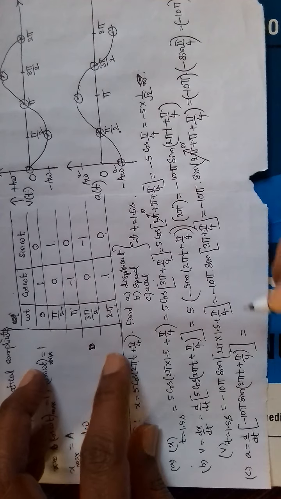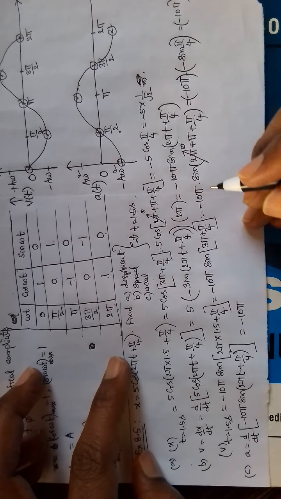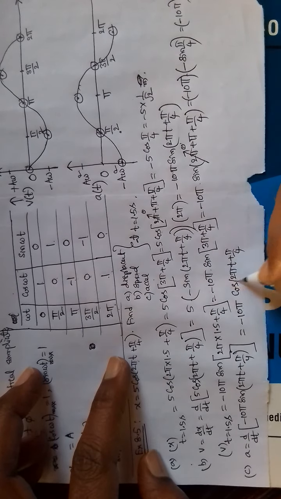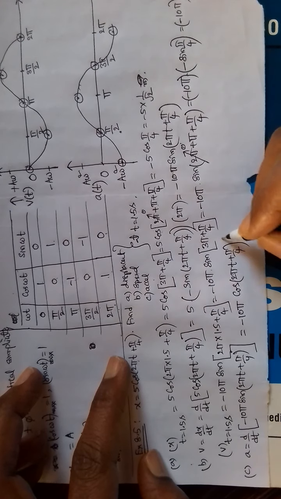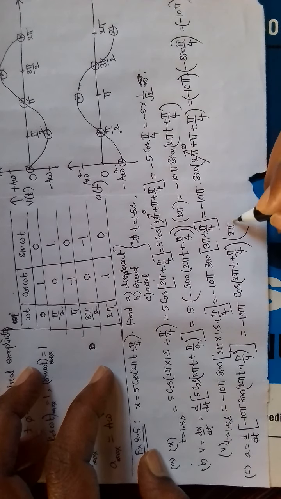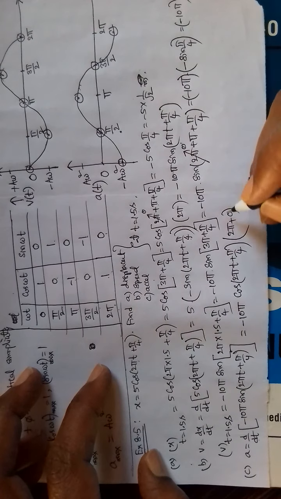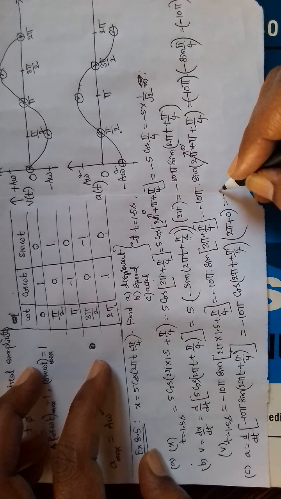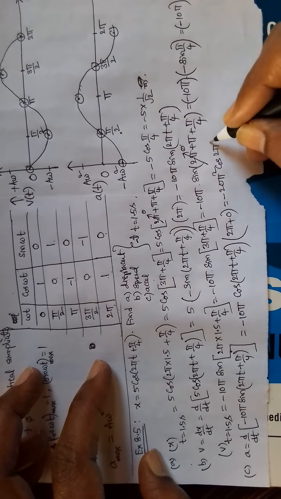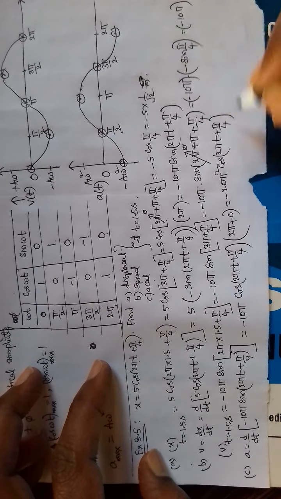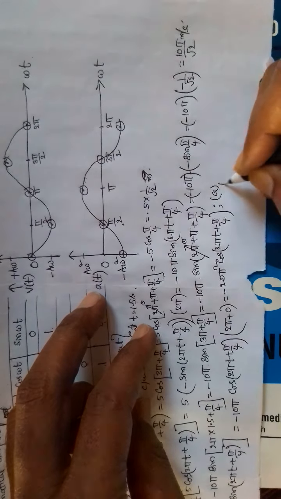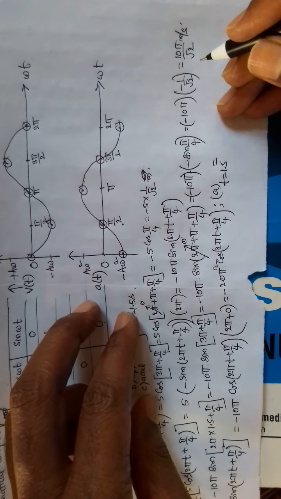Now minus 10 pi is constant, differentiating sine we get cos, differentiating the argument we get 2 pi, differentiating t with respect to t we get 1, this is constant, so we have minus 20 pi square cos (2 pi t plus pi by 4). Now substituting the t value.